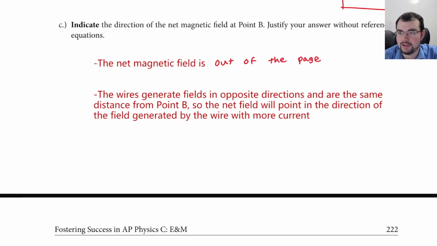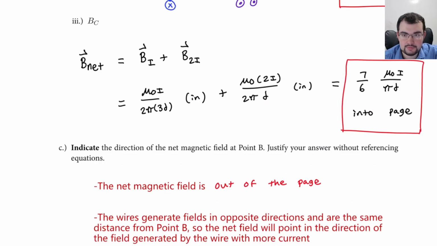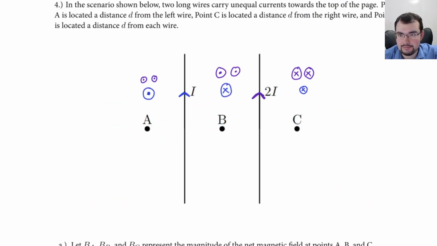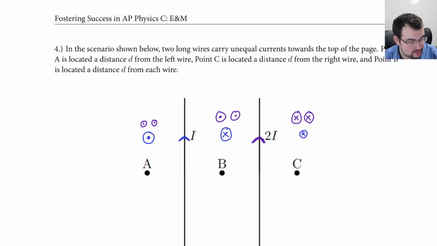The wires generate fields in opposite directions and are the same distance from point B, so the net field just points in the direction of the field generated by the wire with more current. So again, since the 2I wire has larger current and it's generating a field out of the page at B, we know that's the one that's going to win.